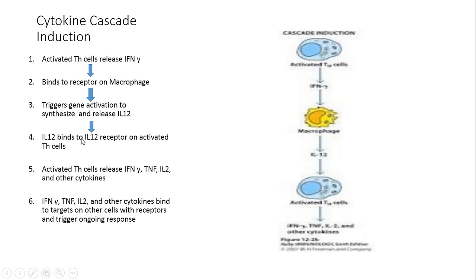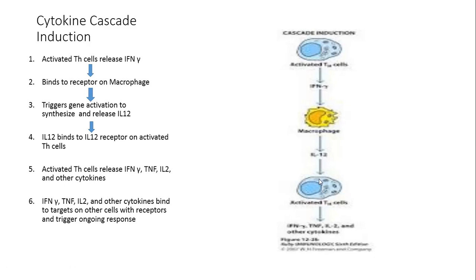Interleukin 12 then can bind to a receptor on another activated T cell. It actually could loop back to this activated T cell, but in this case we're going linear.